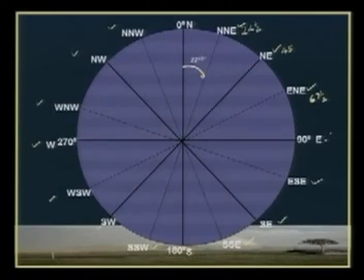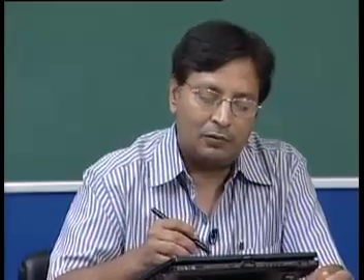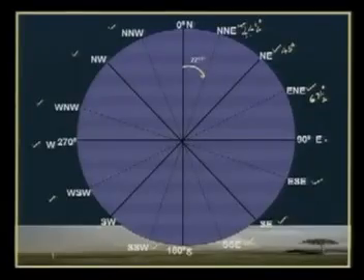So we can even give the degrees if you like. If you know the exact degree, then we can imagine where the wind is coming from. But for quick understanding, normally wind is presented by direction, either north, north northeast, northeast, east northeast, etc.